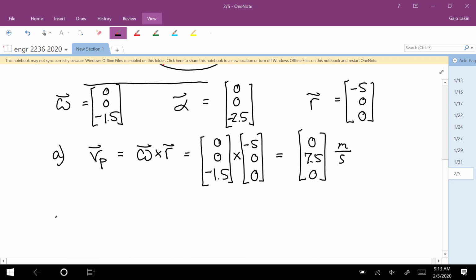And now for B, we have to use the watermelon equation. The acceleration of P is equal to alpha cross r plus omega cross quantity omega cross r.